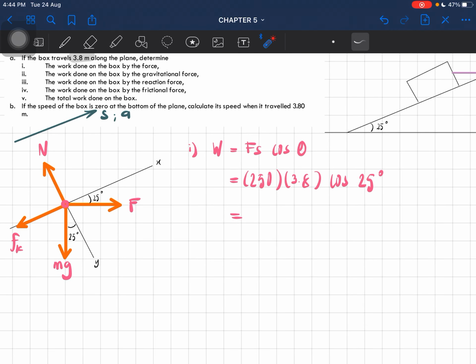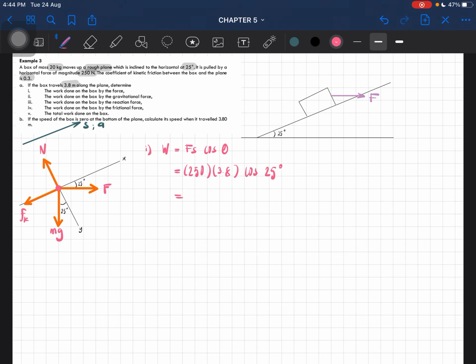Sebab sekarang ni kita punya displacement is this direction. So if we put this here, we can see that the angle between F and the displacement is 25 degree. Now plug the values into the calculator. You'll then get the work done by the force to be equal to 861 joules.